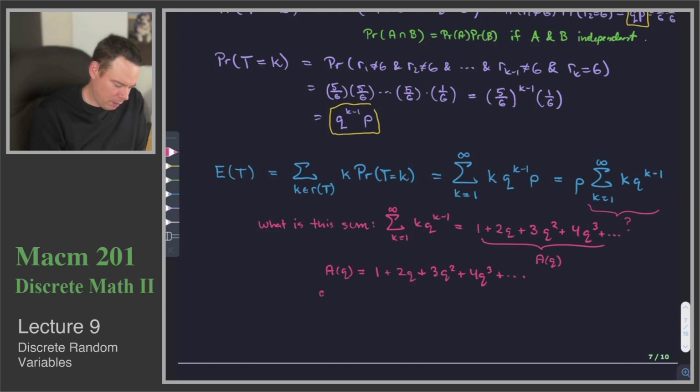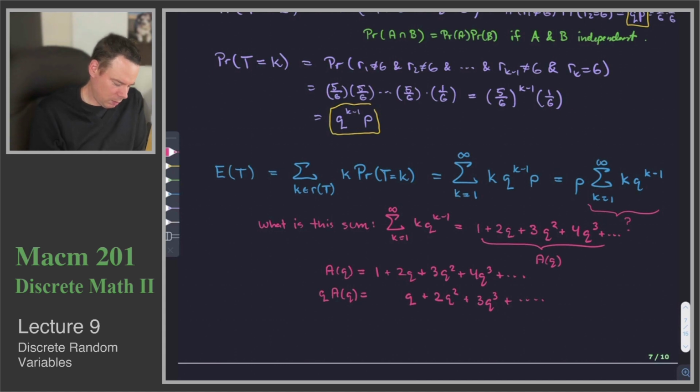If I multiply that by q, then what I get is just all of a times q, so each one of them. So q times 1 is q. But instead of putting it right under the 1, I'm going to shift it over. And then what's q times 2q? That's 2q squared. And then q times 3q squared is 3q cubed. And so on down the line.